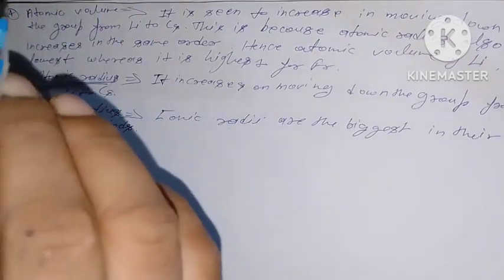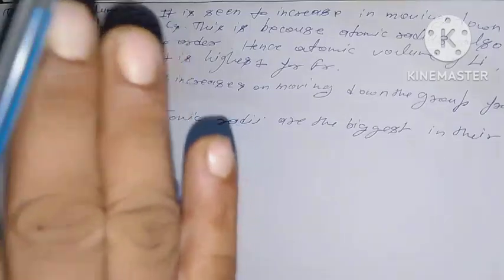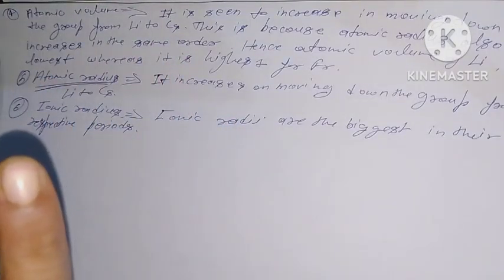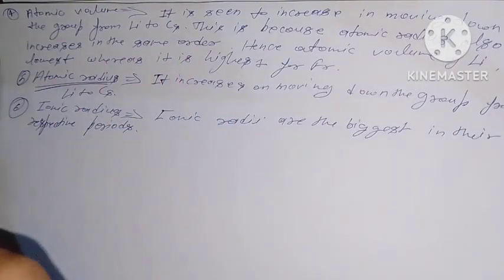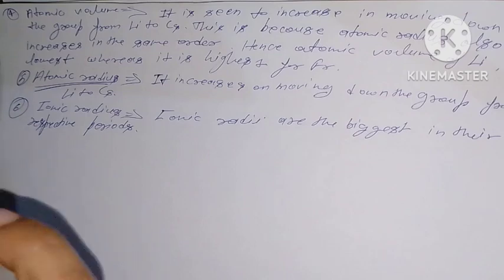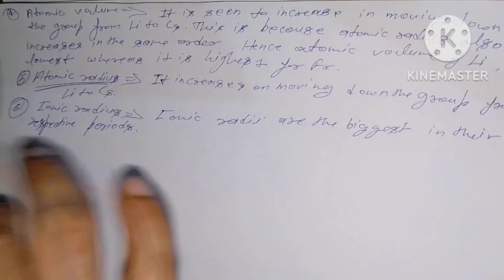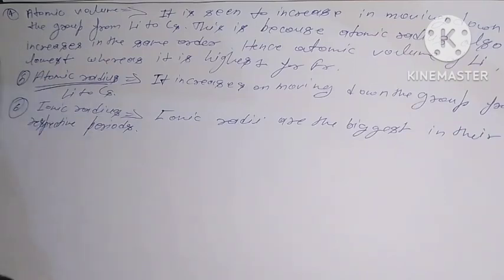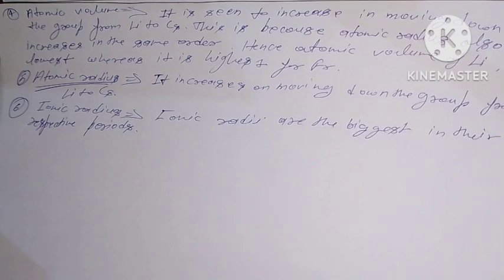At the same moment, the charge on the nucleus becomes greater than the number of electrons. Thus, the electrons are attracted more strongly towards the nucleus. Hence, due to these two effects, a cation is smaller than the corresponding atom. However, ionic radii are the biggest in their respective periods.